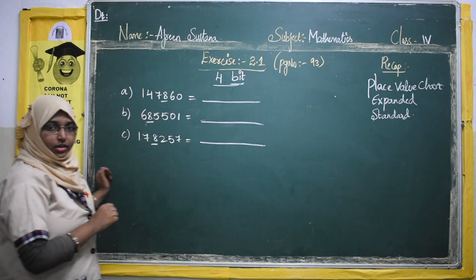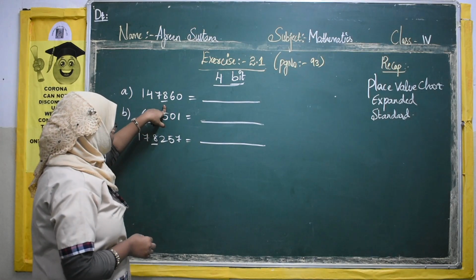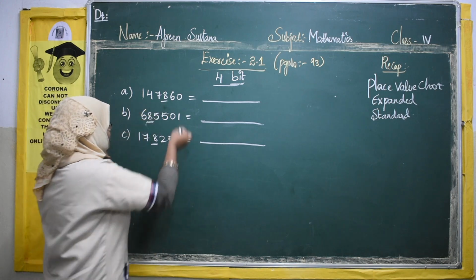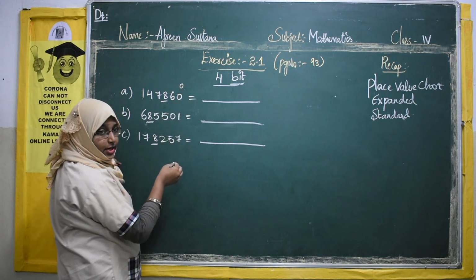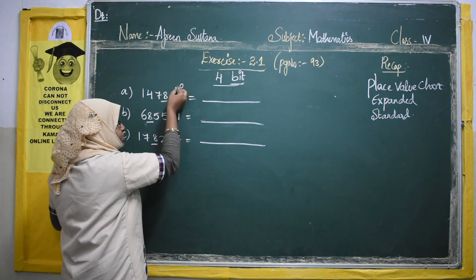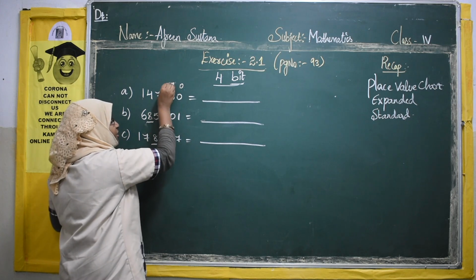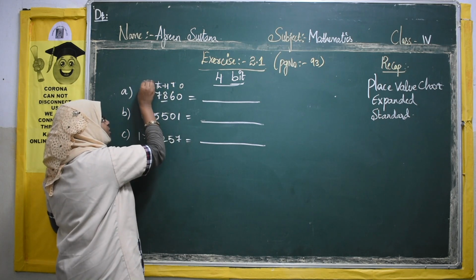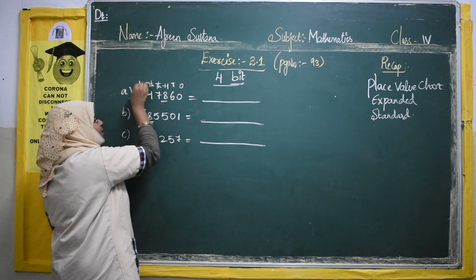It is a 6-digit number. So we want the place value of 8. So let us first write on the top the place values. Ones starting from the right. Ones, tens, 100, 1000, 10,000 and lakhs.